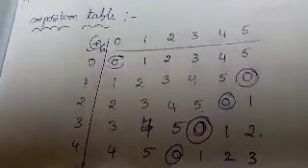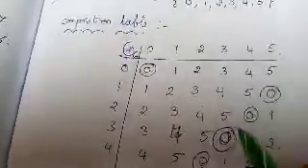Here we circle the 0. The inverse of 0 is 0. Here 0 is called the identity element.